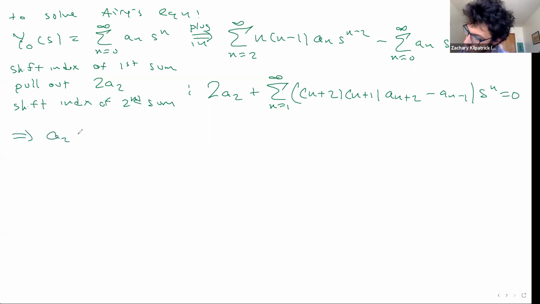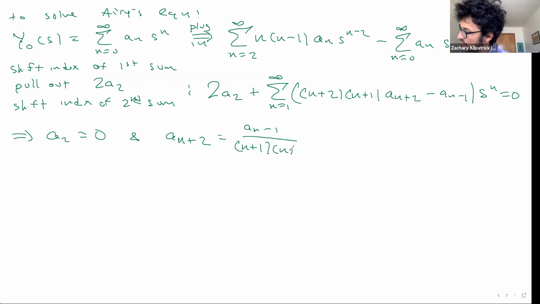So we find that a2 needs to be 0, and a_{n+2} more generally is a_{n-1} over (n+1)(n+2), and this holds for n equals 1, 2, 3, 4, and so on.